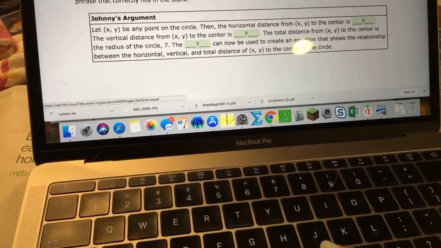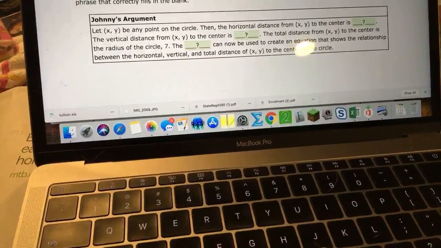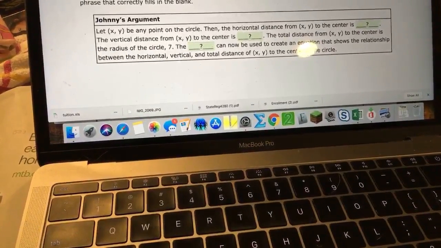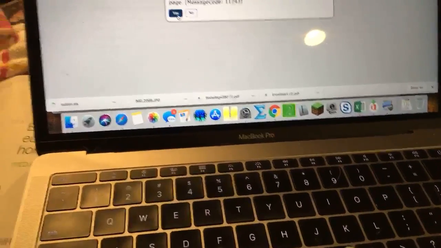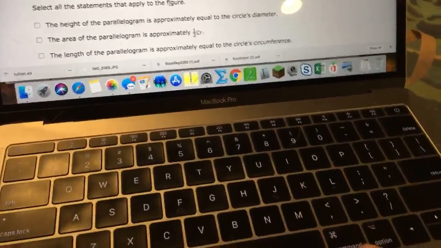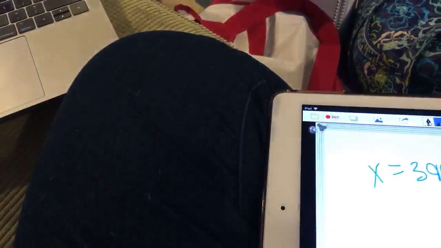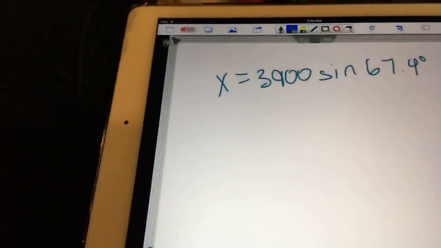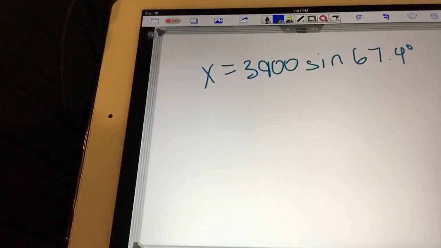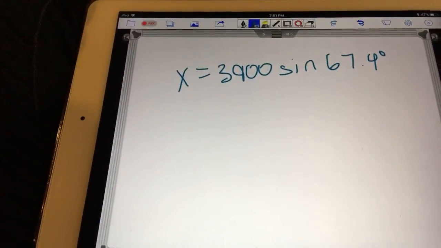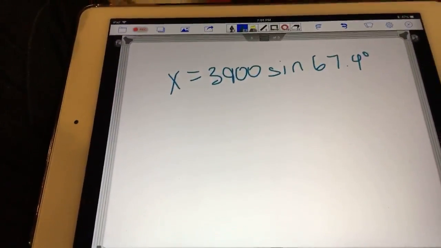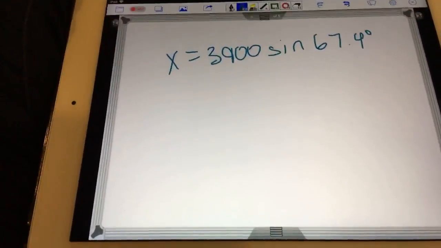Okay, I just want the calculator. Maybe it won't let me use the calculator. Anyway, so we've got 3,900 sine of 67.4 degrees.